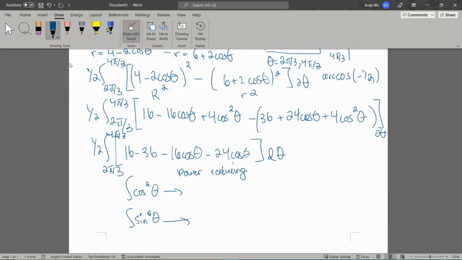But essentially, let's get rid of these integral signs. We don't need them. You break down cosine squared theta into 1 plus cosine 2 theta, all over 2. You reduce the power. And this one becomes the same thing, but with a negative. And you'll see that these two are really easy to integrate, right?